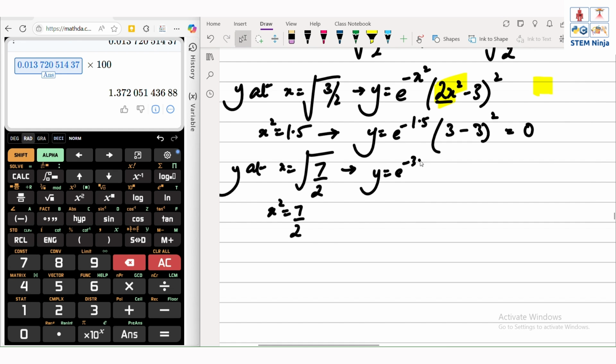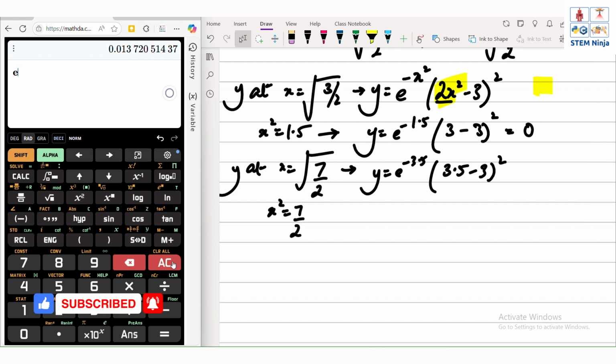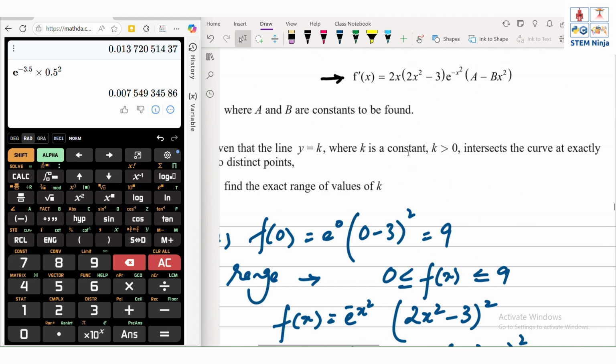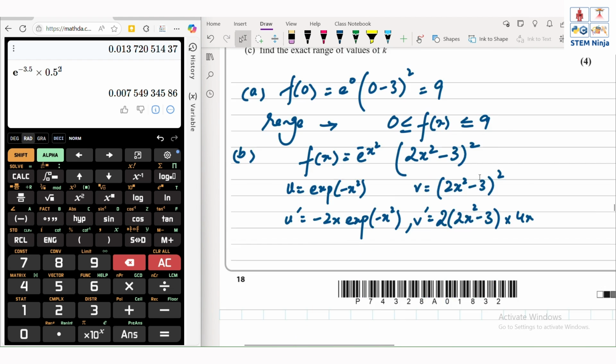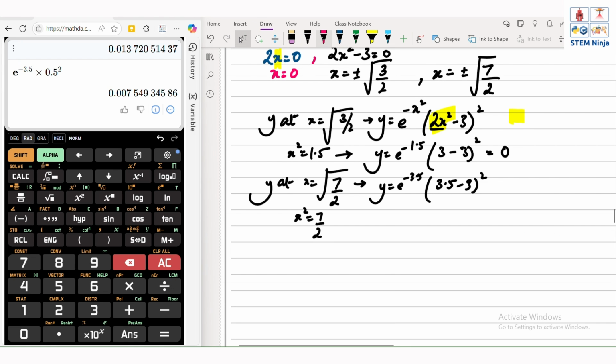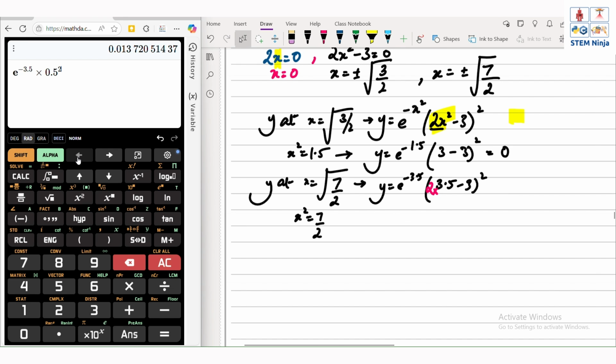So y equals e raised to power minus 3.5, times 2x squared, which is 7, then 7 minus 3 is 4, squared.